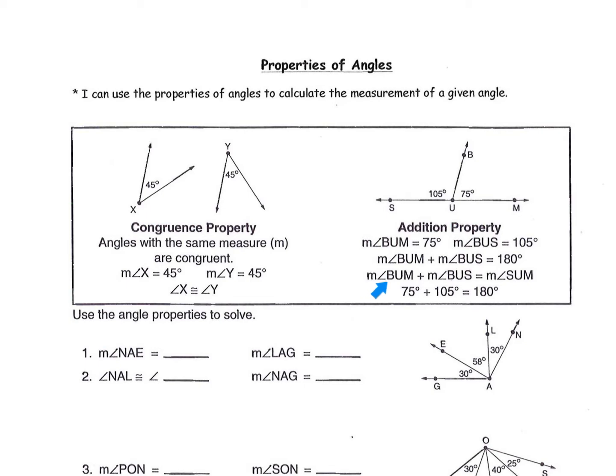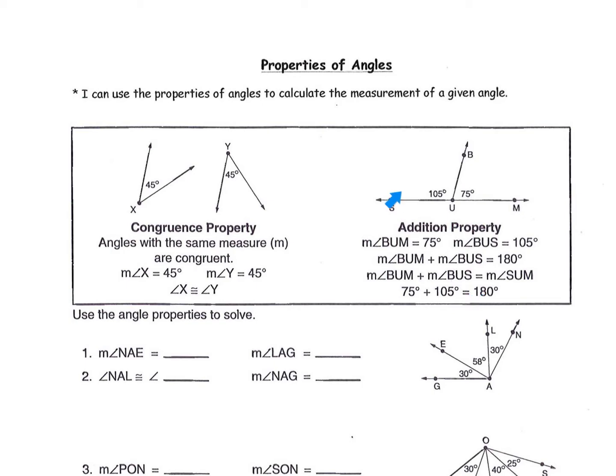So the measurement of angle BUM plus the measurement of angle BUS equals the total measurement of SUM. So going from here to here to here. And it says that 75 degrees plus 105 degrees equals 180.